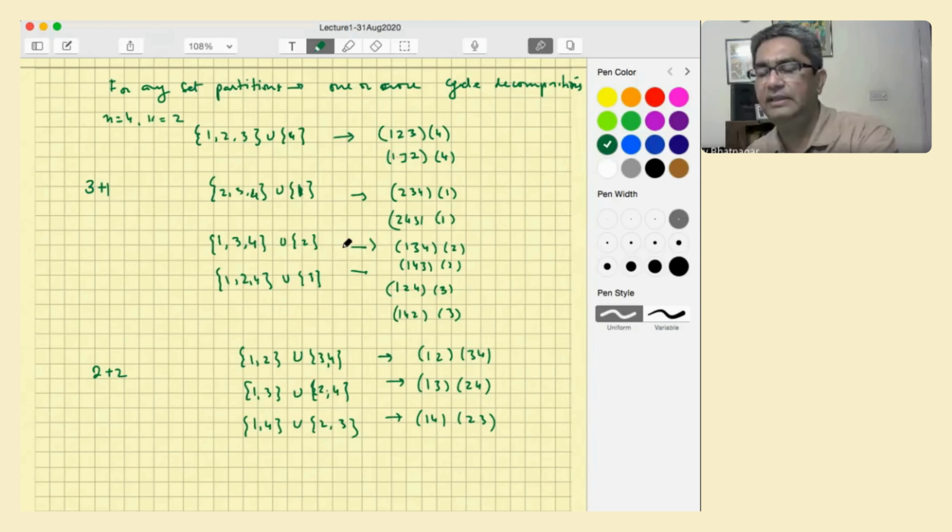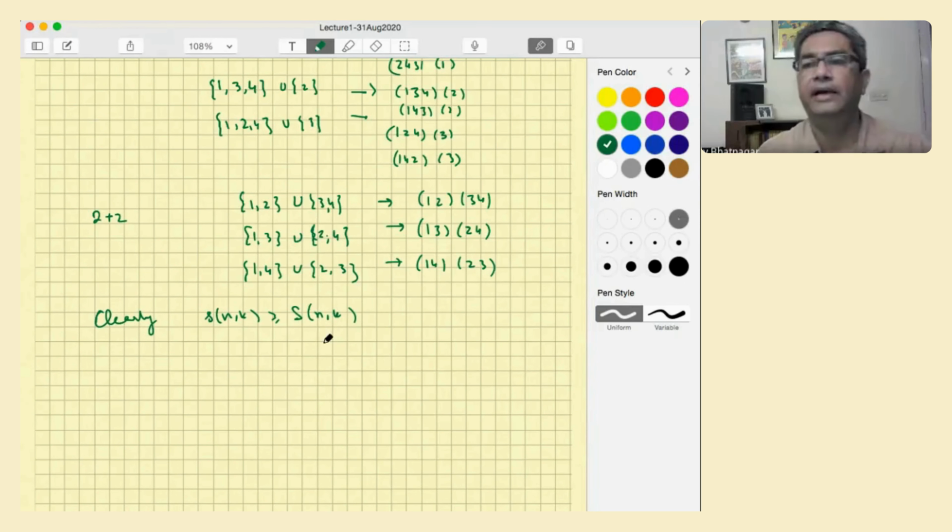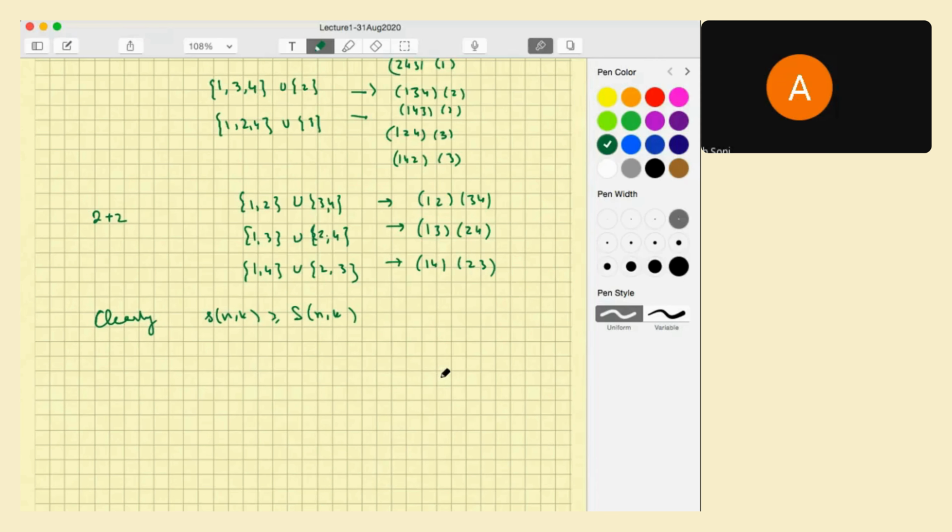So I think one thing is clear. What is clear? Small s(n,k) is going to be bigger than capital S. Yeah, Ayush? I was just saying the same thing.